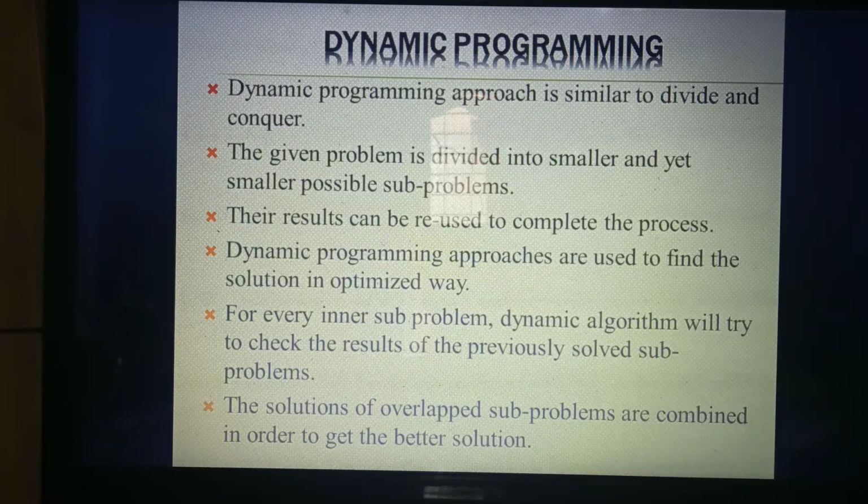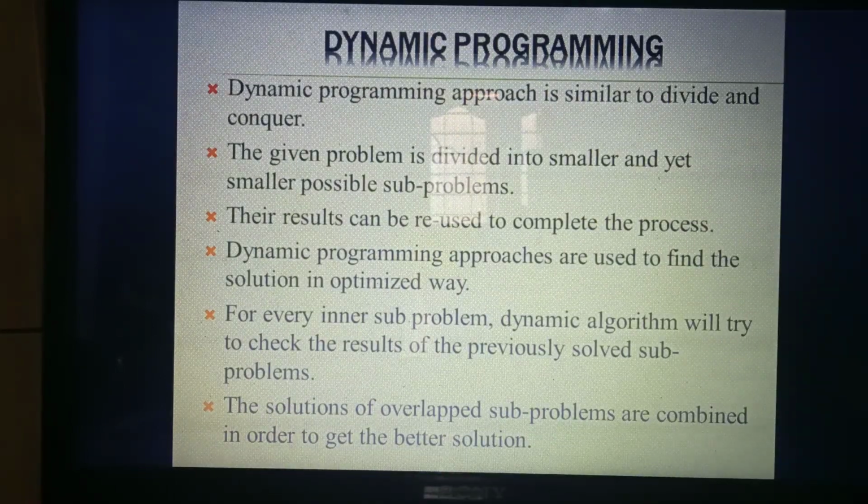Likewise, here also the results can be reused to complete the process. For the given problem, the results can be reused as many times as you wish to complete the particular process. If you execute only 100 lines out of 200, will you get the final output correctly? No. So you need to reuse that particular thing.